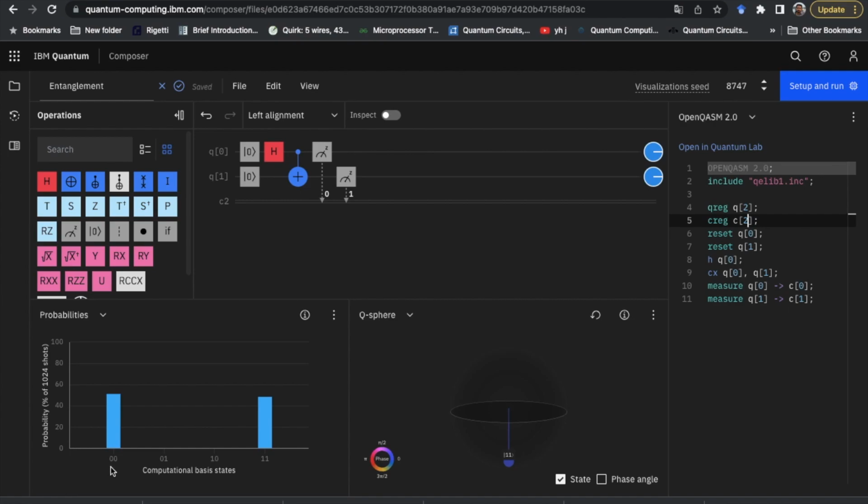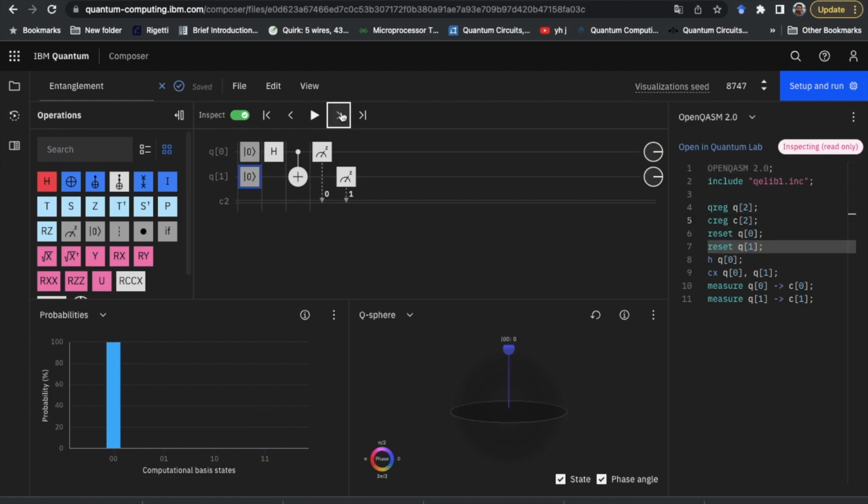Here you can see the probability of getting the 0 0 state is about 51%, that is about 50%. The probability of getting state 1 1 is 48.6%, that is about 50%, and theoretically it is 50%. So now inspect the circuit.